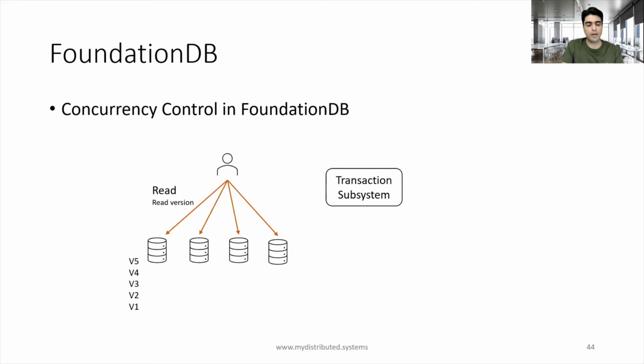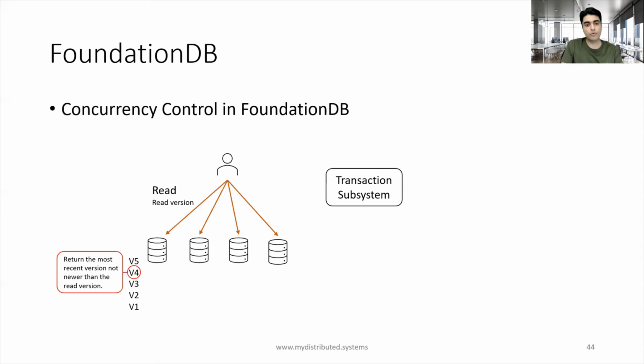Similar to Spanner, we have a version chain for each key, and FoundationDB returns the most recent version not newer than the read version. And again, FoundationDB keeps versions written in the past 5 seconds, so we don't keep versions forever, right?